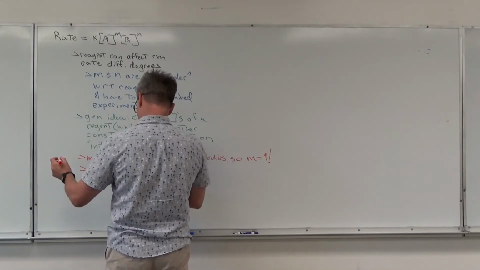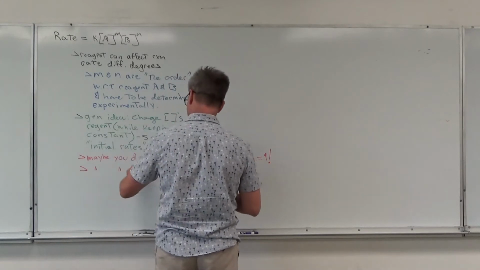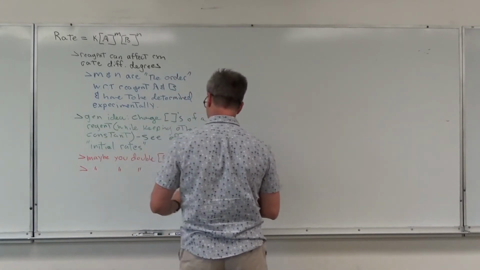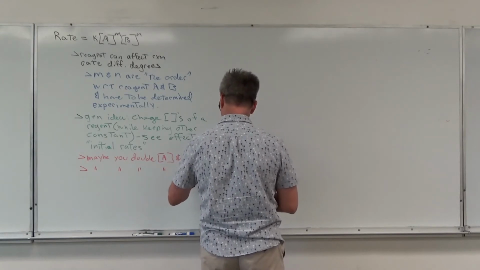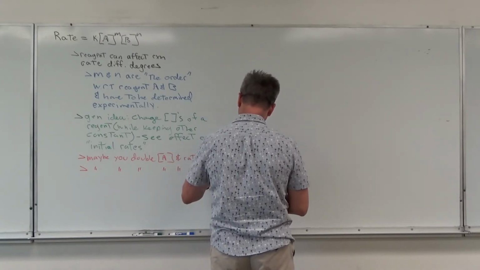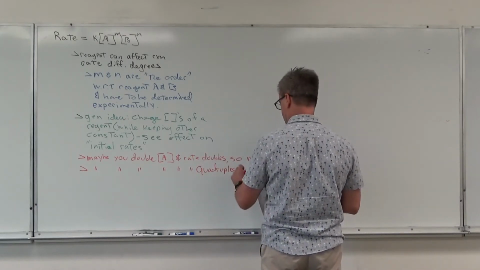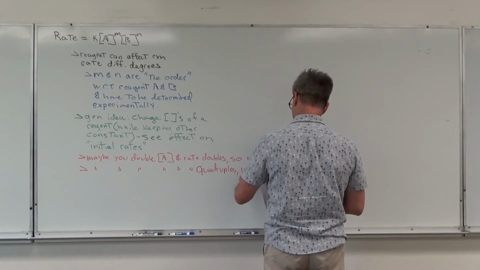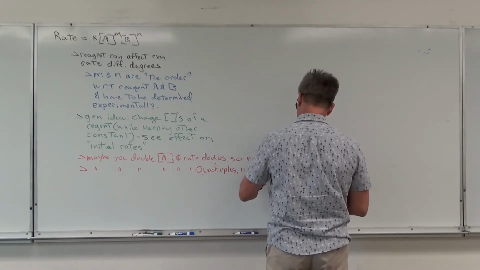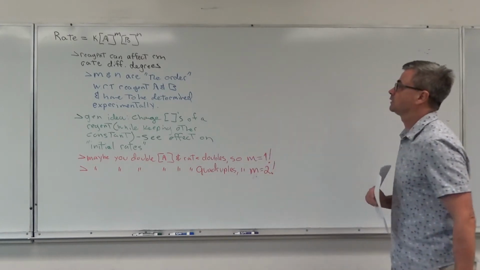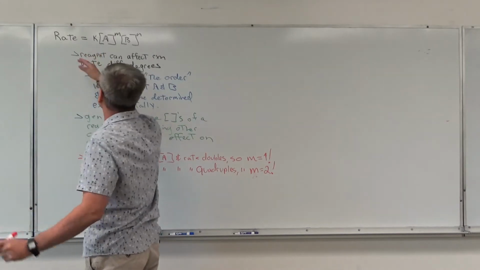All right, and let's say what if you doubled A, and the rate quadruples? The only way that could happen is if M equals 2. Doubling this doesn't just double that, it has a greater effect.